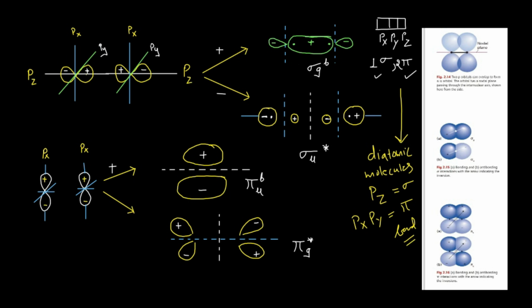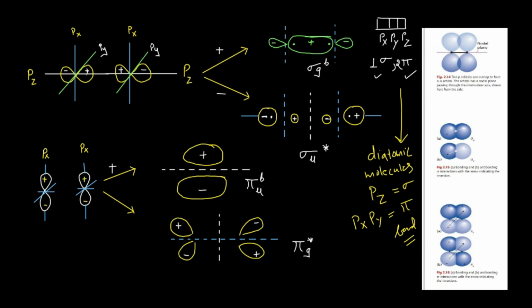But some of you may still be wondering why this is happening, why this z orbital is forming your sigma bond in the case of diatomic molecules. Please remember, diatomic molecules are linear in nature, and in these linear molecules, your molecular axis is the z-axis.